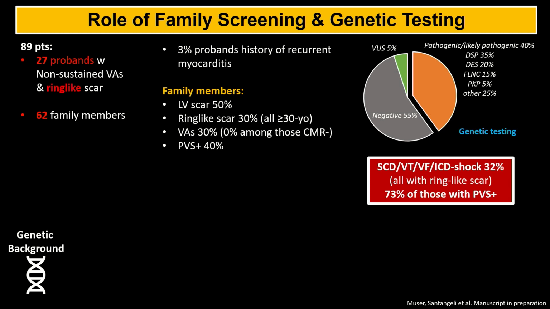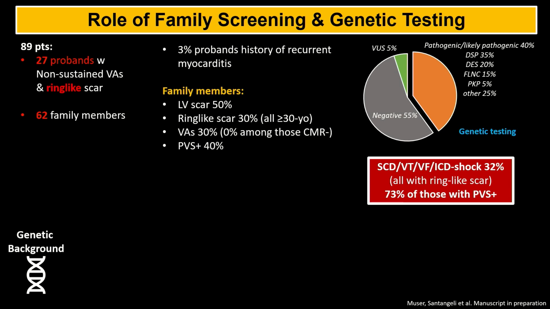And what is even more interesting is that ventricular arrhythmias were present only in patients who also had evidence of scar. One third of the patients developed malignant arrhythmic events during follow-up, but all the events were in patients not just with scar, but with a complete ring.